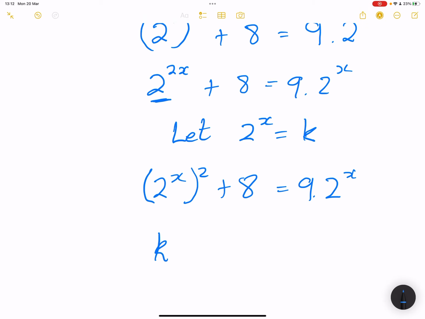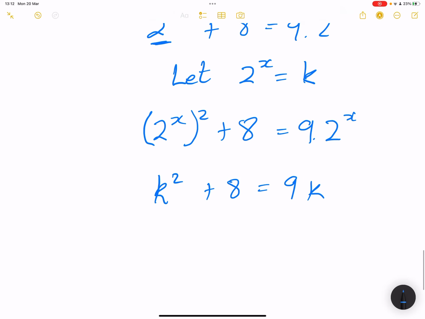So that becomes k squared plus 8, which is 9k. So if we say k squared minus 9k plus 8 is equal to 0, we can factorize this.